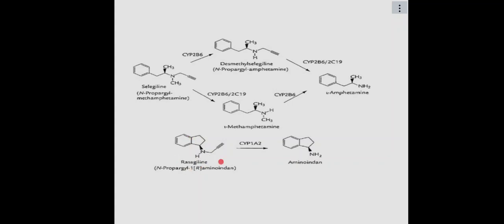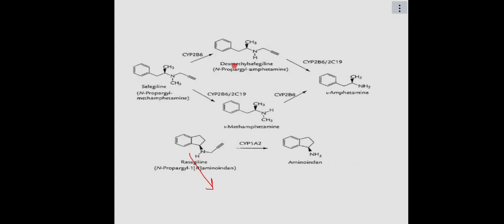So this drug can be easily metabolized through oxidative dealkylation, where you lose the propargyl group, and of course you get the aminoindane. That we had already mentioned is a major metabolite, but this compound can also undergo hydroxylation at position number 3, and then the hydroxylated metabolite can also undergo oxidative N-dealkylation. But the main metabolite, as we had said, was the aminoindane.